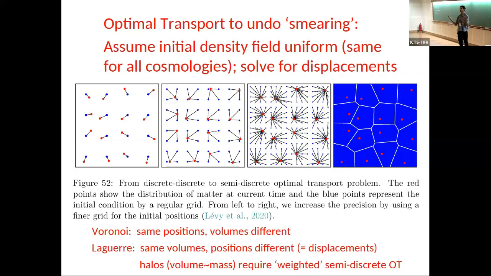And so here the optimal transport is that you moved the cell centers as little as possible to get this to work. And so the step forward is that optimal transport has been used in many other fields, and so they've made this fast. And so Bruno has a super fast code for doing this semi-discrete optimal transport. Okay, so we used it.